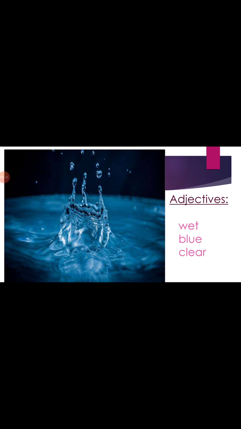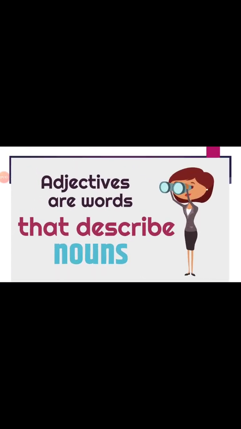What is the color of the water? It's blue and clear also. So wet, blue and clear are the adjectives that are describing a noun, water. Adjectives are the words that describe nouns. Is it clear?